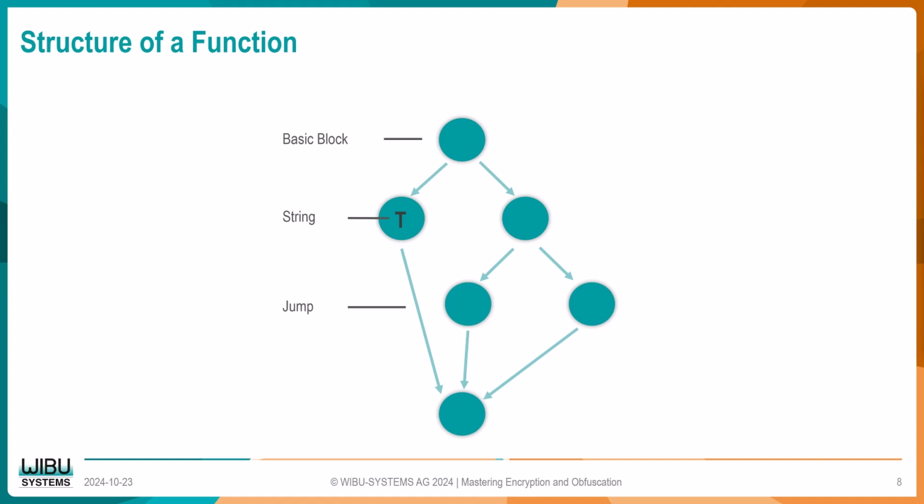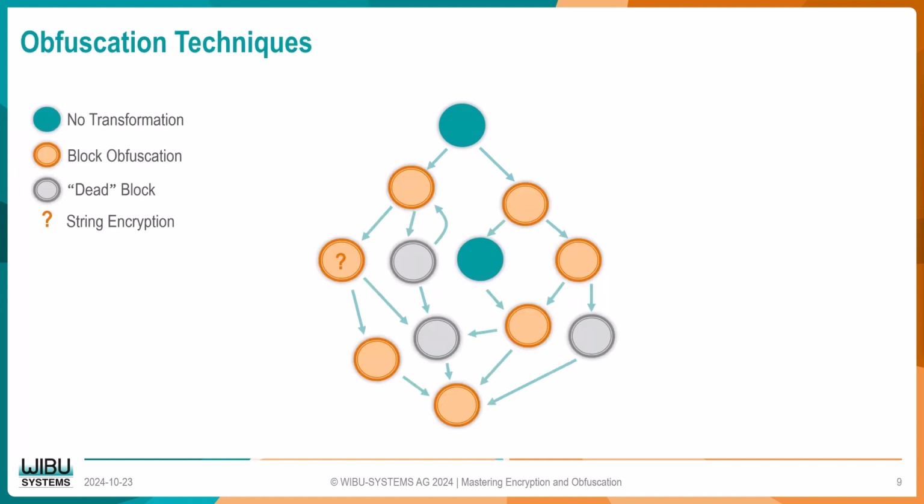So how do we now protect this little control flow graph? We apply different obfuscation techniques. And as you see, not every ball, or every basic block, is transformed by CTP.